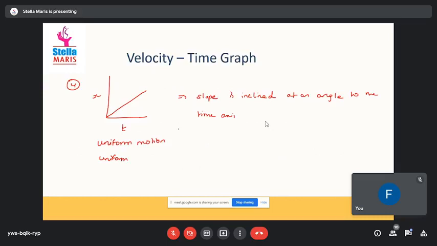See, what is uniform motion? Anyone can define? The object covers equal distances in equal intervals of time. Equal distances, very good. What about uniform velocity? X is displacement now.